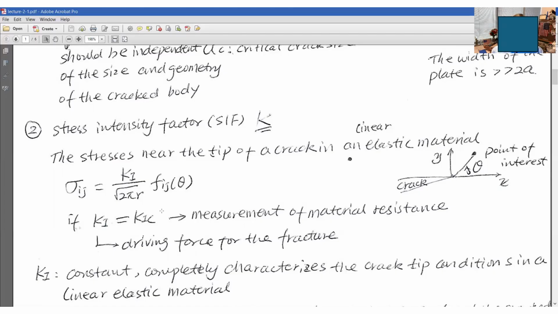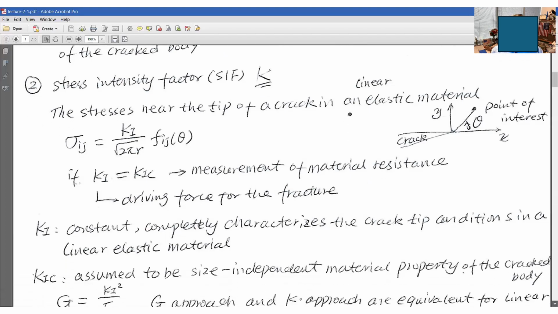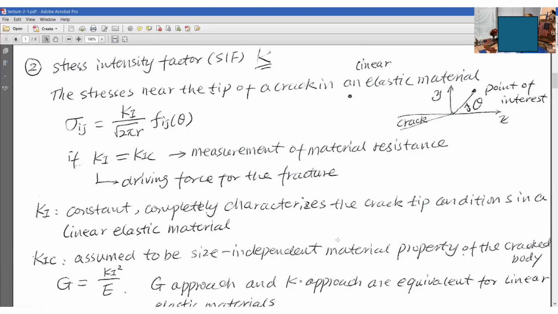So you can see that this Ki, which is a constant, can completely characterize the crack tip conditions in a linear elastic material. And first, you need to know that this is only for linear elastic material. We also assume KIC is a size-independent material property of the cracked body.